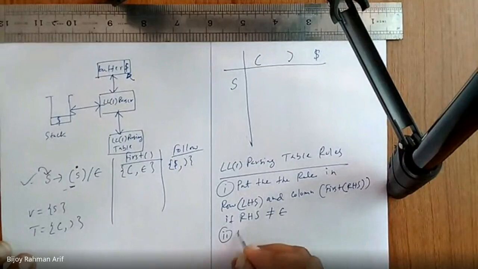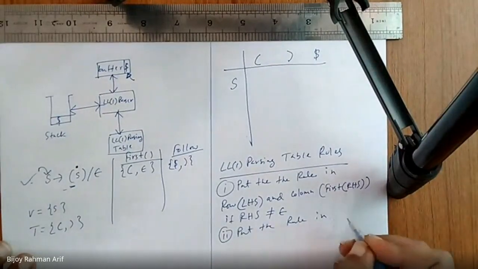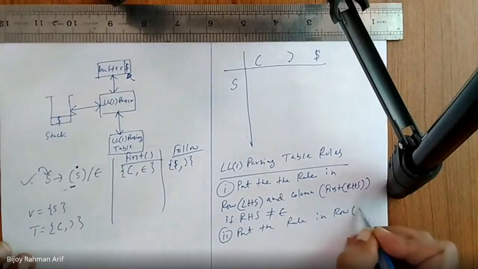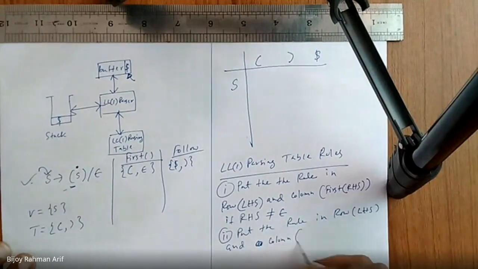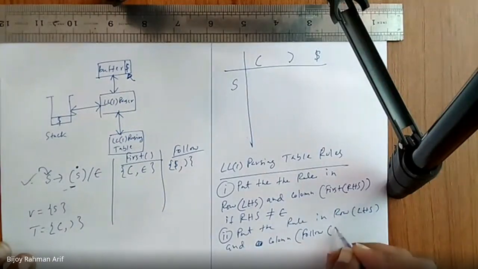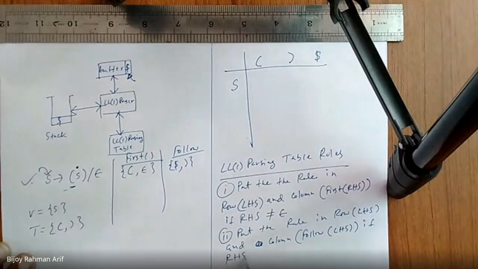Rule 2: Put the rule in the row of LHS and the column of follow of LHS, if RHS is equal to epsilon.